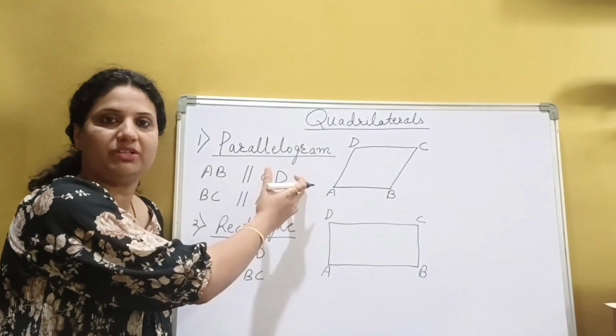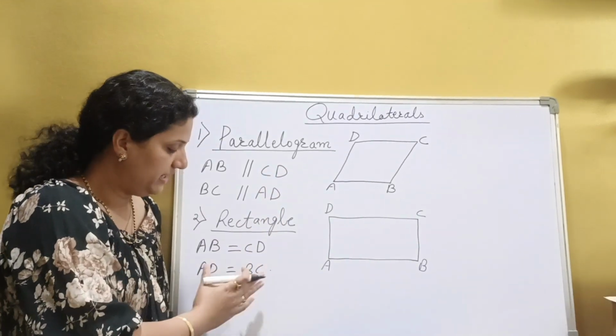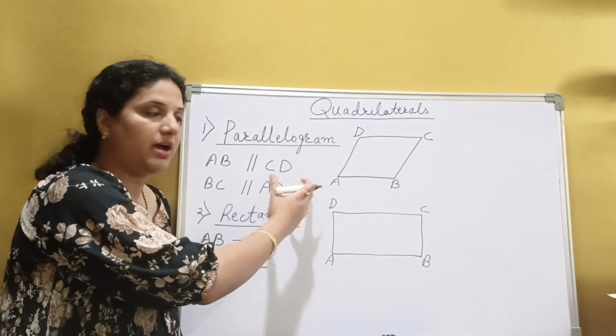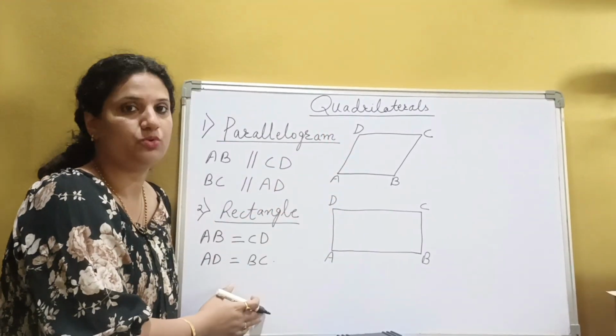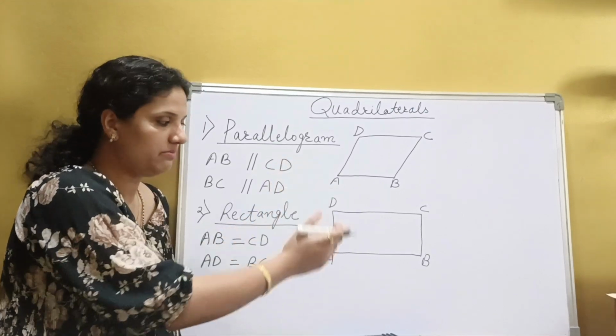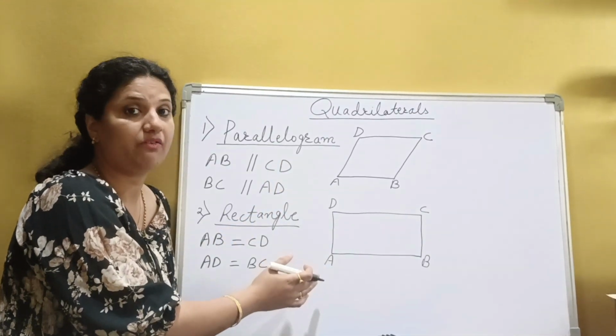What is the difference between the parallelogram and the rectangle? In rectangle, the opposite sides are equal to each other, and in parallelogram, the opposite sides are parallel to each other. These two things are different. So in parallel, this is called parallelogram, and in equal condition, this is called a rectangle.